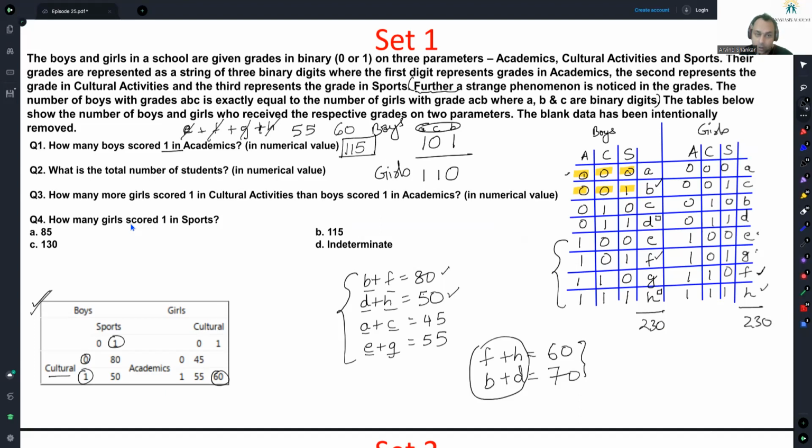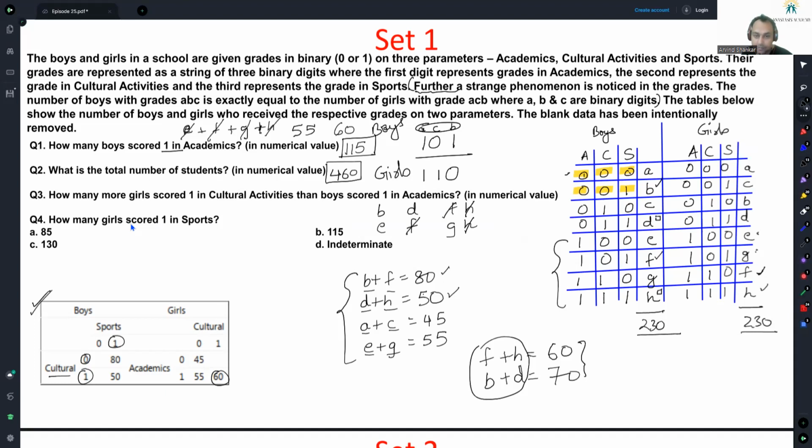The second question, what is the total number of students? I have 230 boys and I have 230 girls. So total number of students is 460. Okay. How many more girls scored 1 in cultural activities than boys scored 1 in academics? Girls who scored 1 in cultural activities are B, D, F, and H. And boys who scored 1 in academics are E, F, G, and H. So H and H get cancelled anyway.